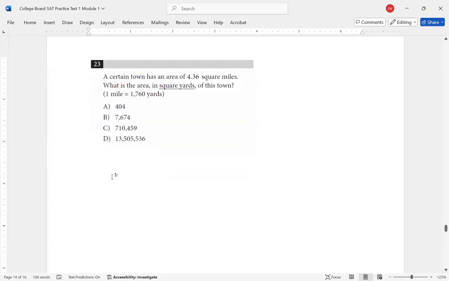Question 23 says a certain town has an area of 4.36 square miles. What is the area in square yards of this town? Well, this is another conversion problem. And basically what we need to realize is that 1 mile is equal to 1,760 yards.